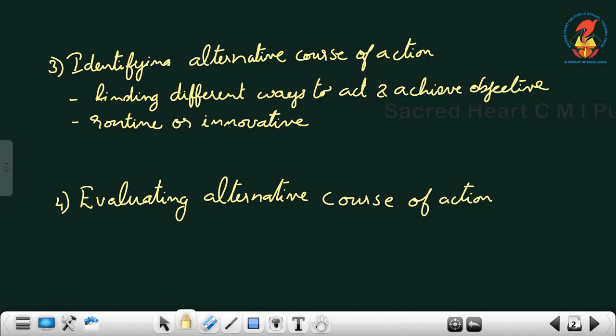Evaluation of alternatives must take place. That means to weigh the pros and cons, that means the positives and negatives of each alternative.